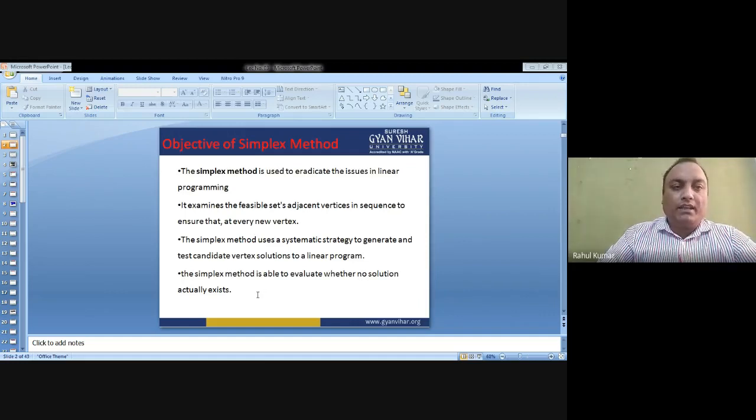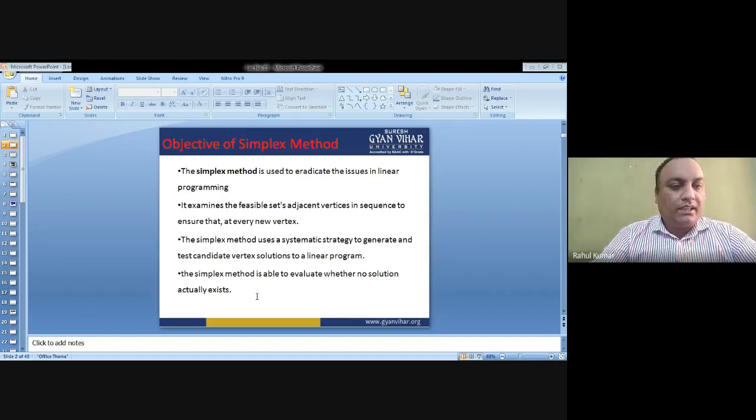It examines the feasible set's adjacent vertices in sequence to ensure that at every new vertex the objective improves. The simplex method uses a systematic strategy to generate and test candidate vertex solutions to a linear program.